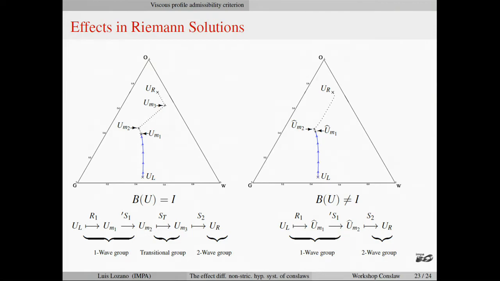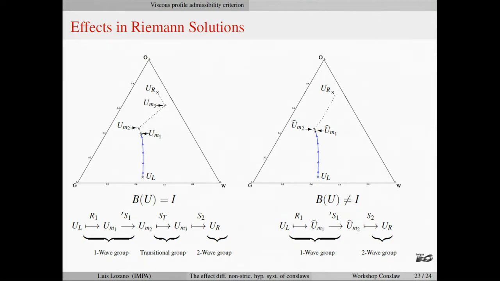Now, if you change the matrix, the construction changes. You do not need a transitional shock. In this case, you need, but because the shock, excuse me, first, we see that the UN1 and UN2 is not the same. It's other intermediate points.